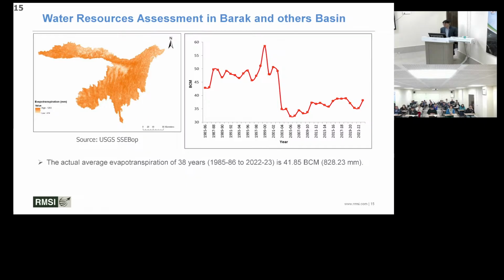No, you mean this 28 is generating this 41? Okay, I got your point. This has been converted, and this amount of evapotranspiration generates this. This is not directly linked to that value.